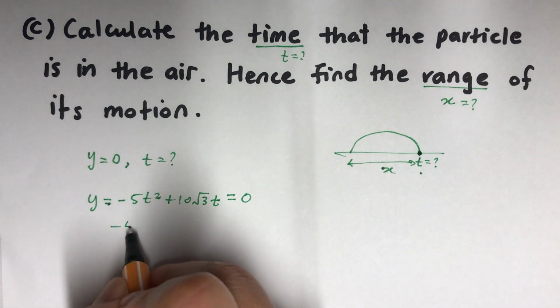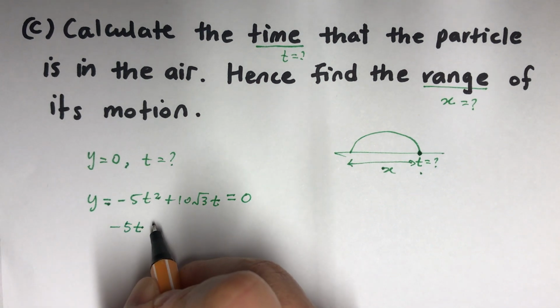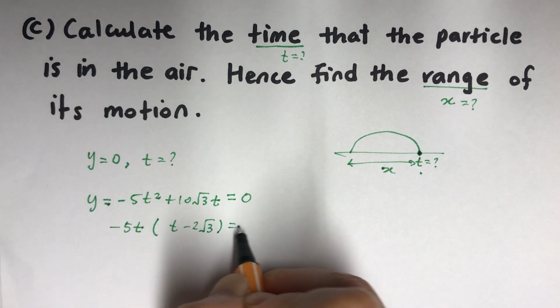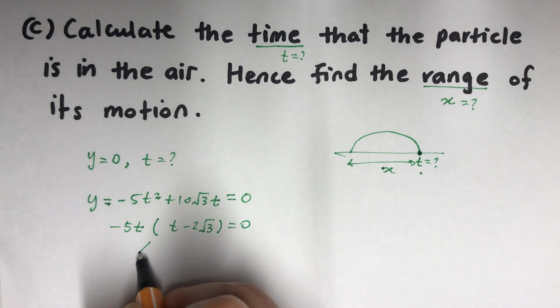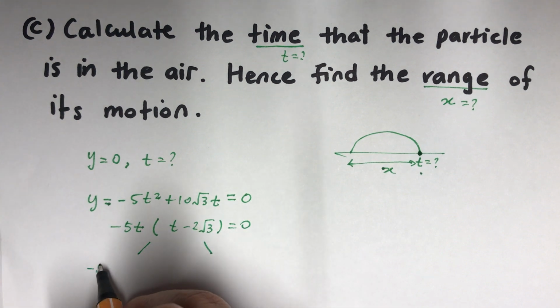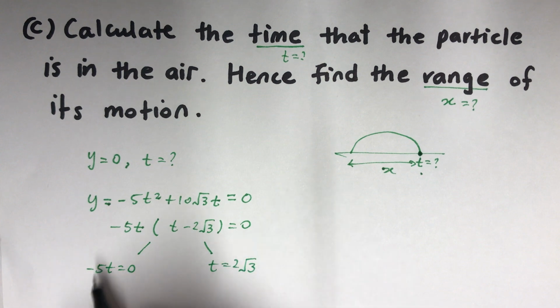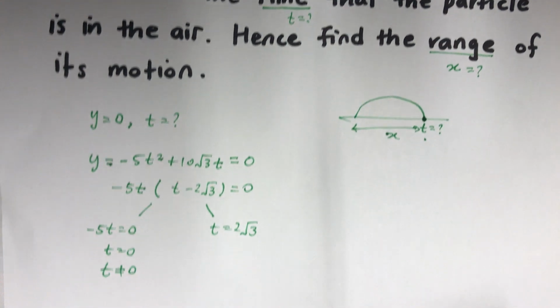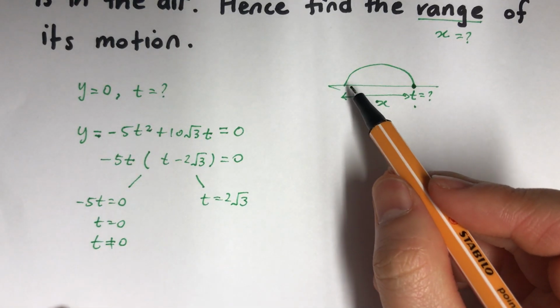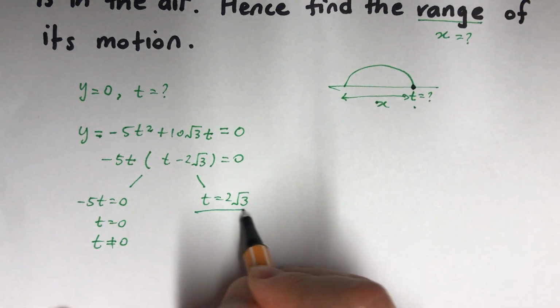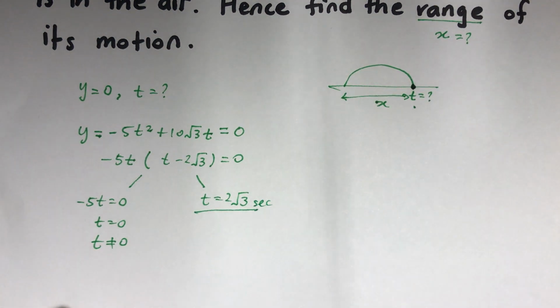And I'm going to take the minus 5t out as my common factor, equals 0. So we're going to have 2 root 3 minus t, so t equals 2 root 3, and t equals 0, but we can't have t equals 0, because that's at the beginning. We don't want that. So it must be this one. Okay, so that's our time.